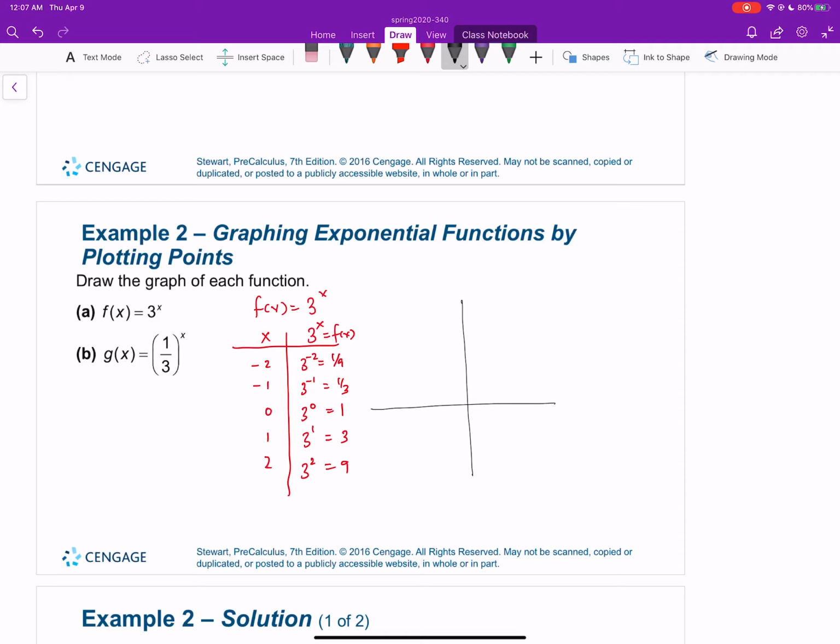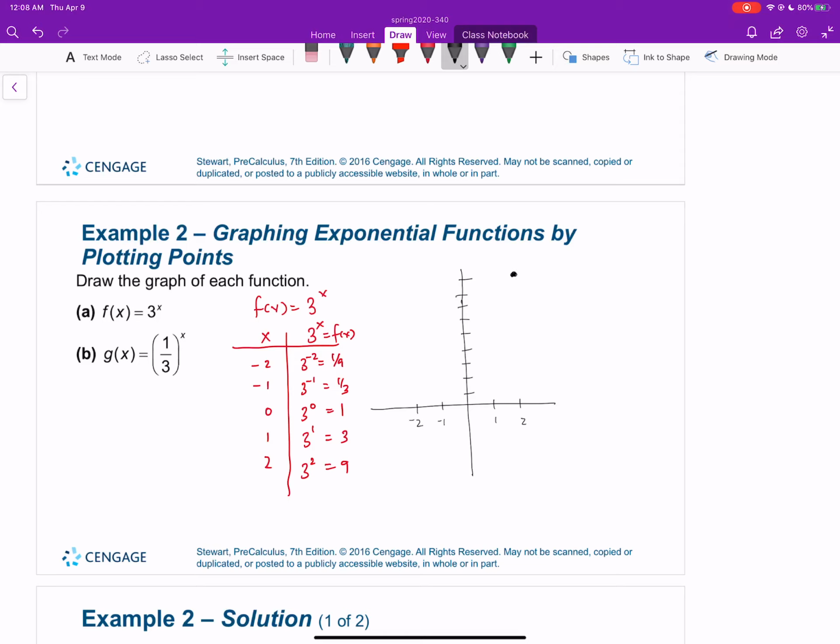We can clearly see that this is 1 and negative 2, this is 1 and 2, and this is 1, 2, 3, 4, 5, 6, 7, 8, 9. We are saying that at x equal to 2, that is 9.